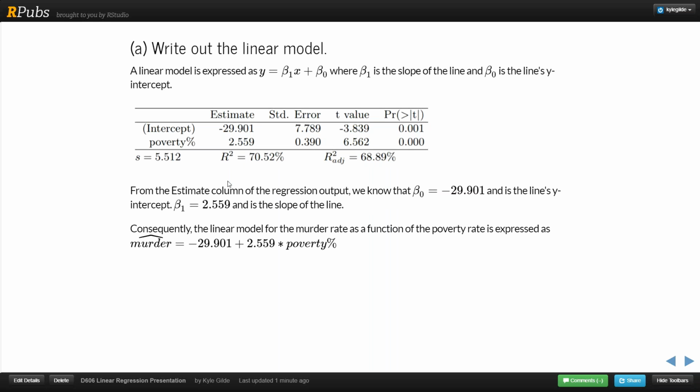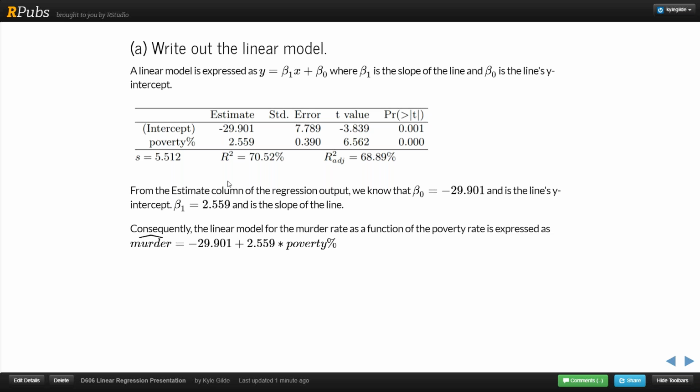The linear model is expressed as y equals beta 1 times x plus beta naught, where beta 1 is the slope of the line and beta naught is the line's y-intercept. From the estimate column of the regression output, we know that beta naught is equal to negative 29 and some change, and is the line's y-intercept.